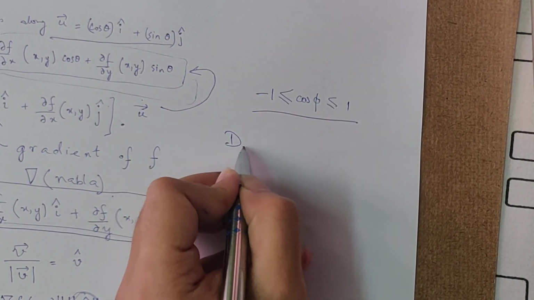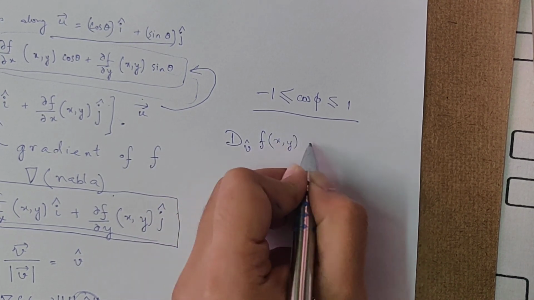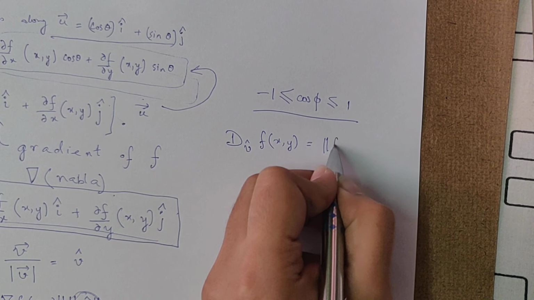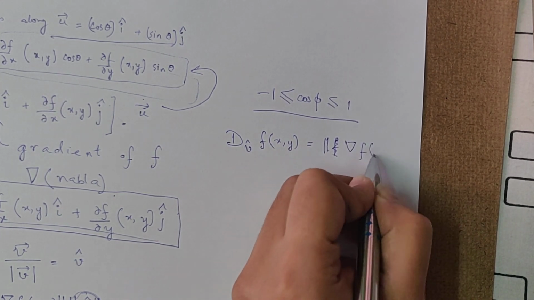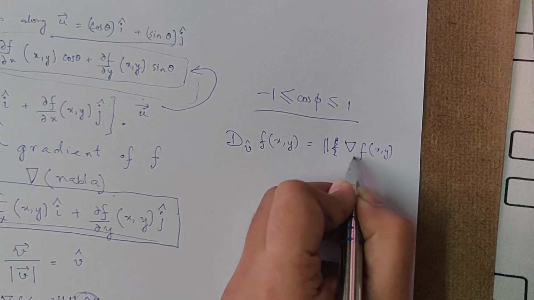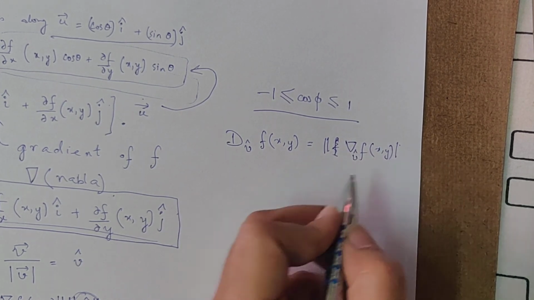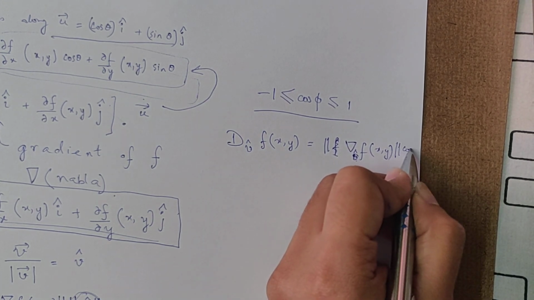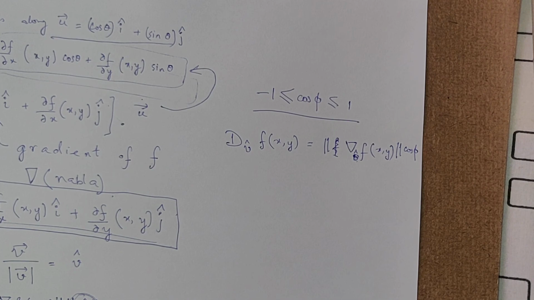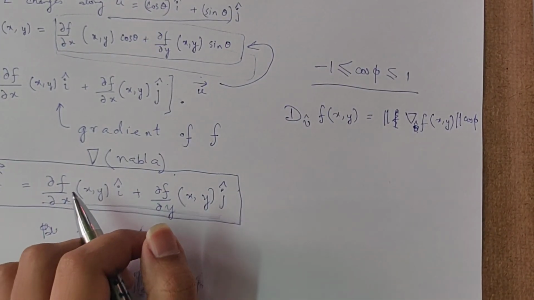I will write the directional derivative here again, which we have come up to. Cos phi, right? We are seeing this particular thing.